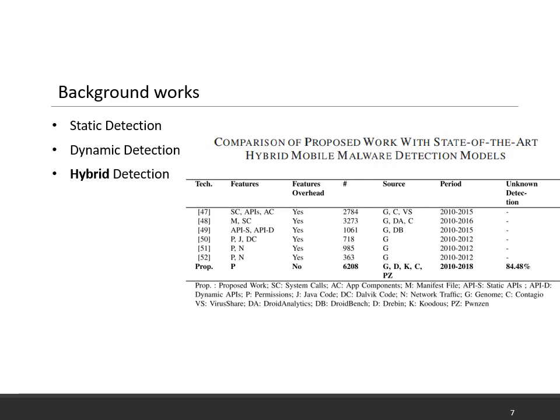We have another table here that shows the previous works, whose models use features like system calls, app components, manifest file, static APIs or dynamic APIs, and permissions. You can see the source of this software also here. Then, for the next step, let's talk about the methodology we use in this research.